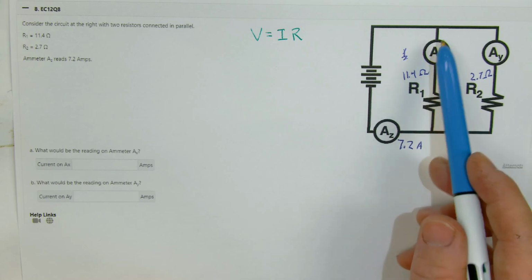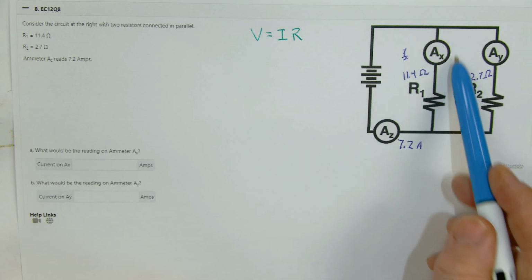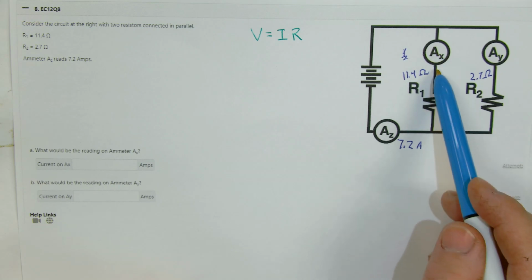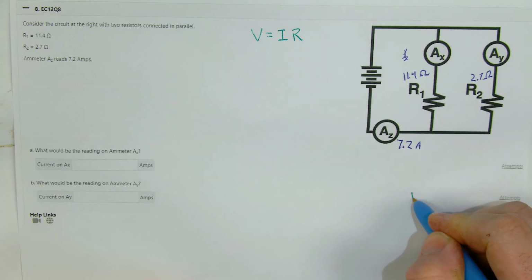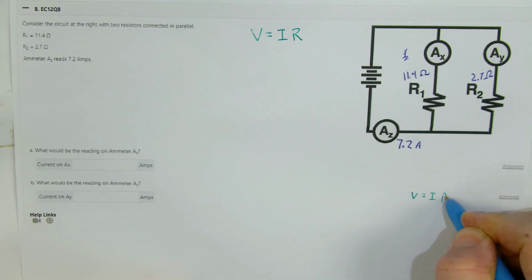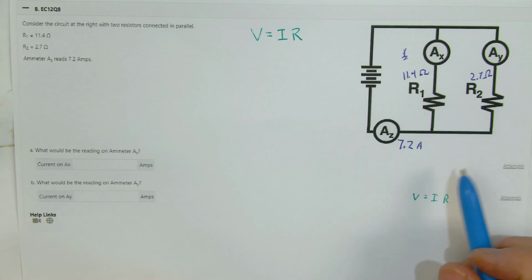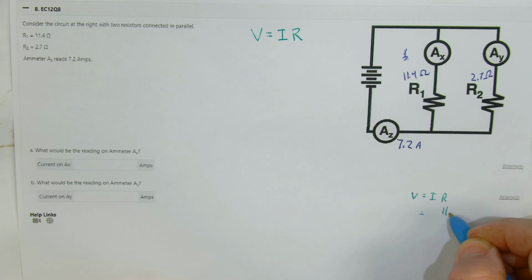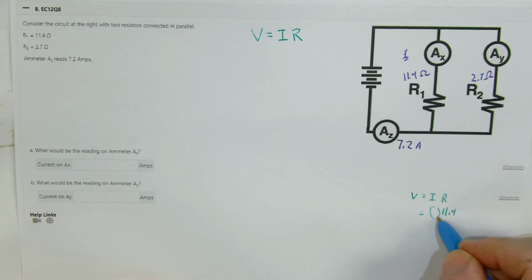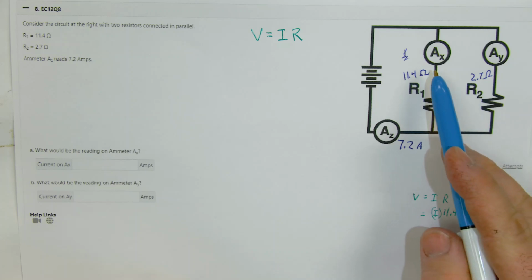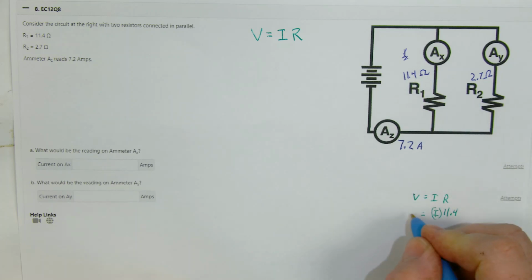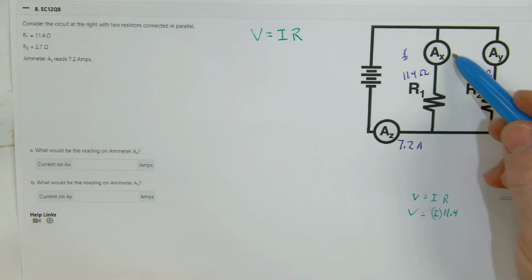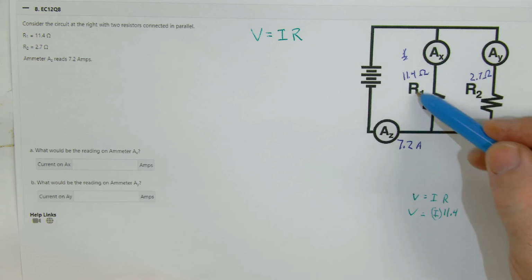If I want to solve for current right here, I can use V equals I times R. You know resistance is 11.4, but you don't actually know what I is, and you don't know what V is. So this is a dead end right now. We can't just look at this microscopically and solve it.